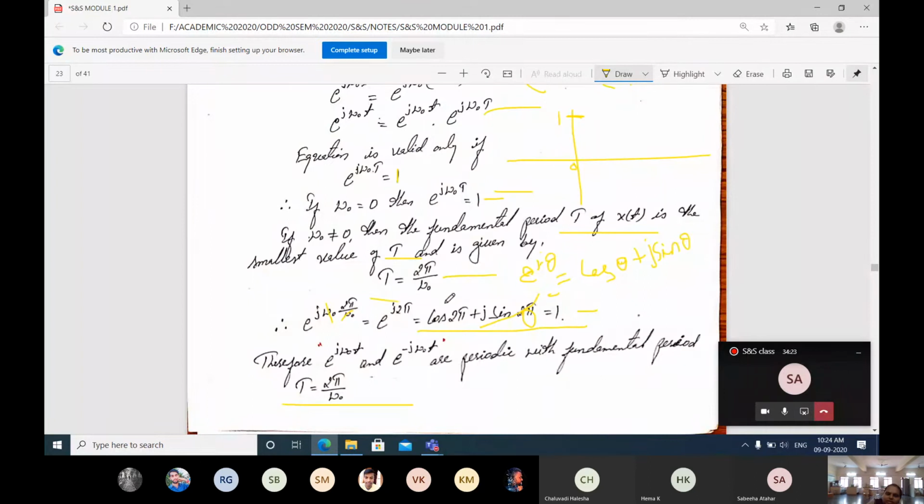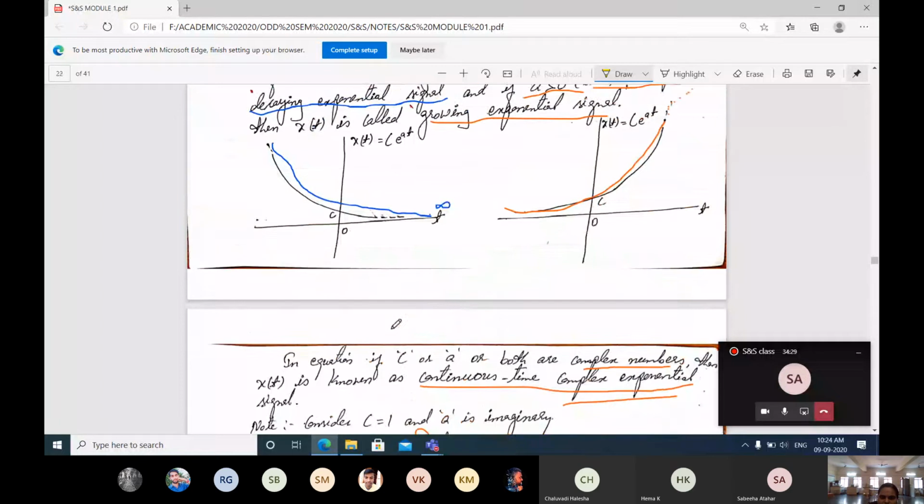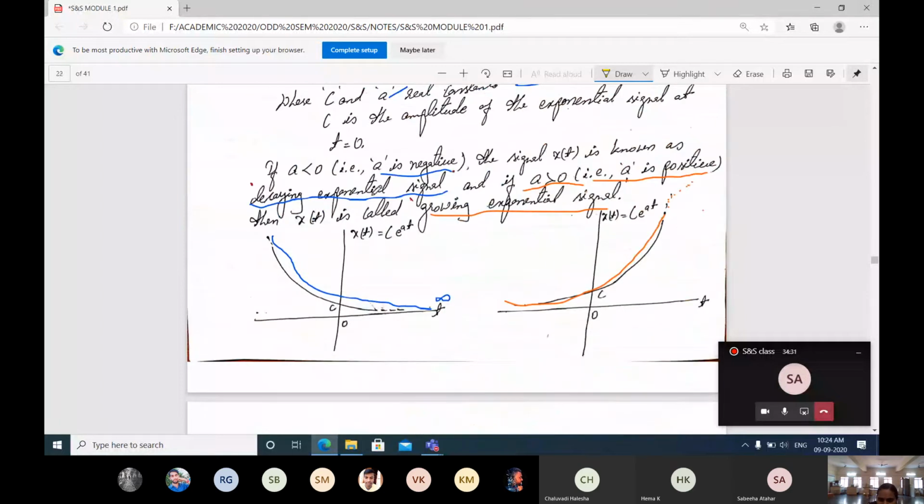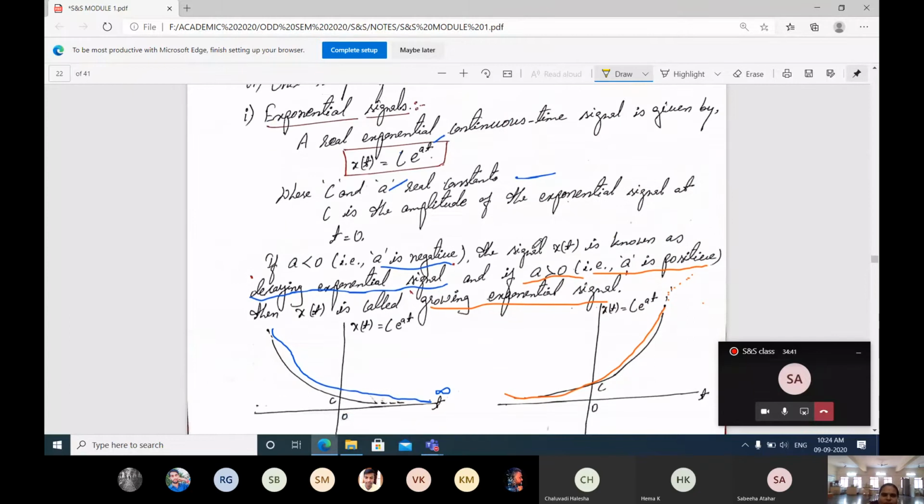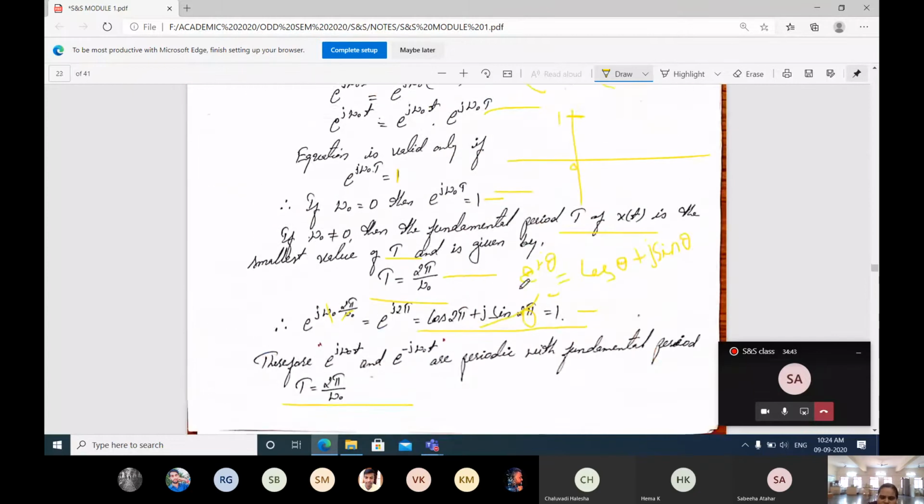The time period is given for you. Just remember these equations. That is important. Also remember the function of this a when a is less than 0 and when a is greater than 0. Remember the construction of this, then it will be easy for you all. This is about the exponential signal.